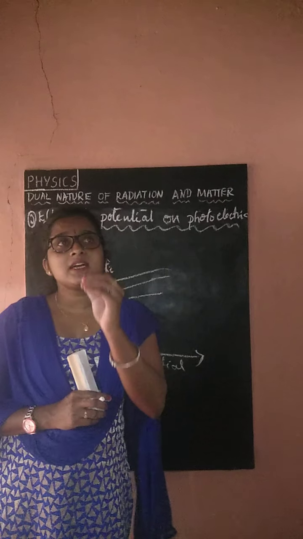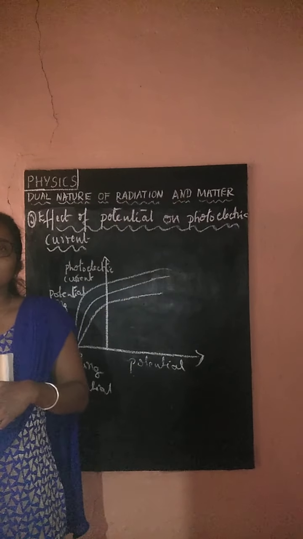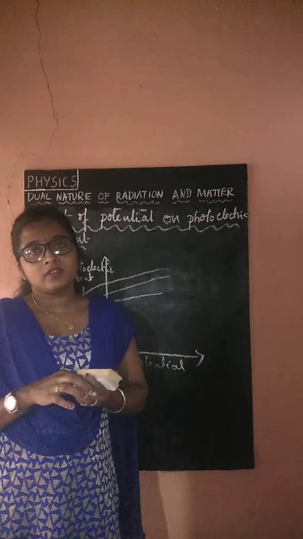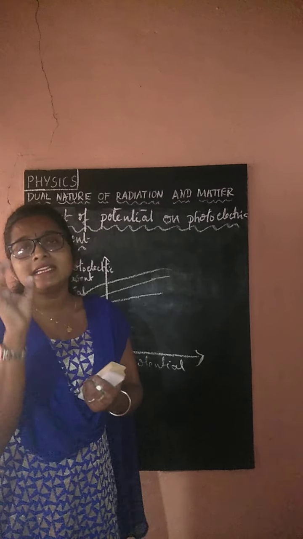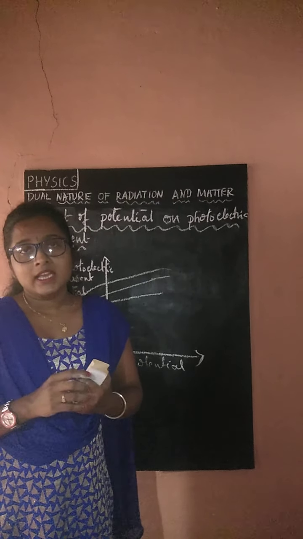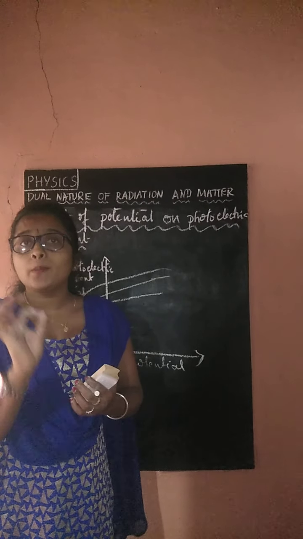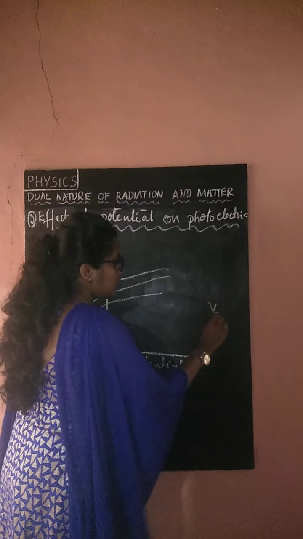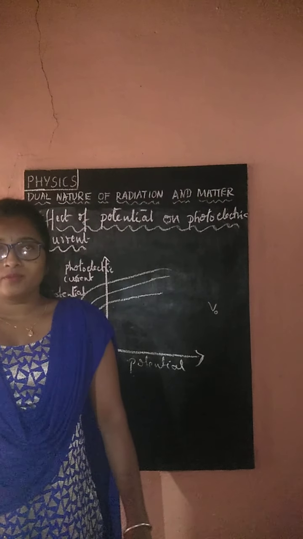For some specific negative potential of the collector, the current will be 0. That potential is called the stopping potential or cut-off potential. It is denoted as V0.